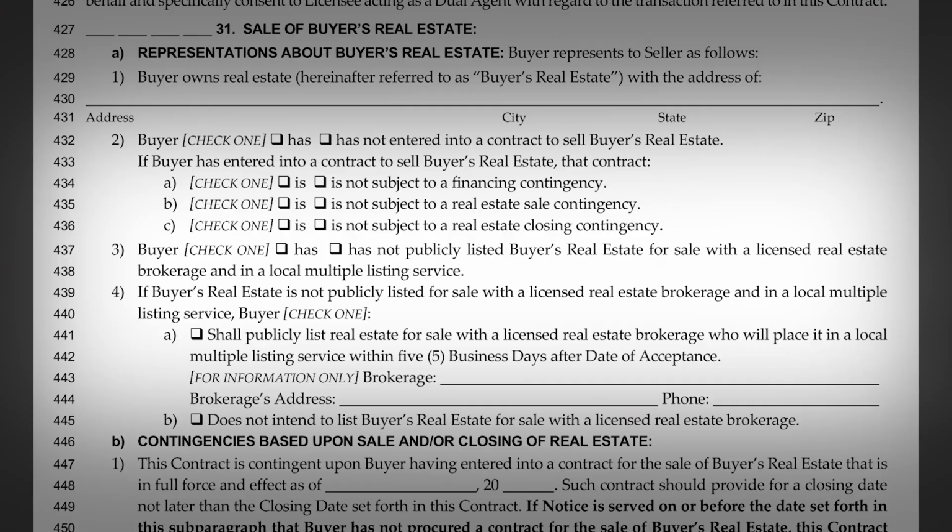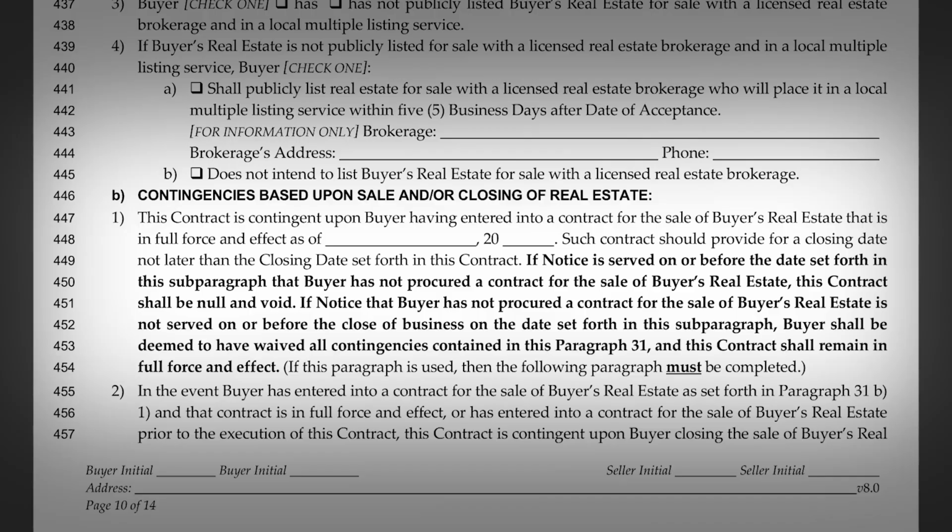And if it isn't publicly listed yet, what this also says in paragraph 4 is that it needs to be publicly listed in a local multiple listing service within 5 business days. And then it also asks which brokerage and their address will that property be listed under.